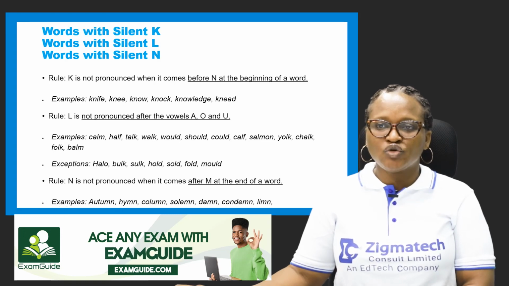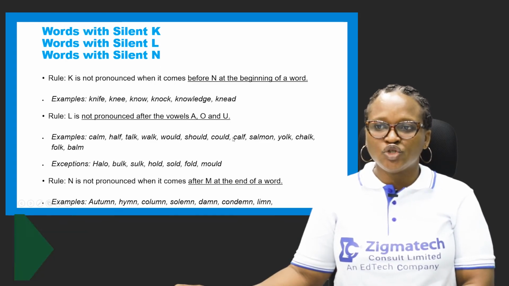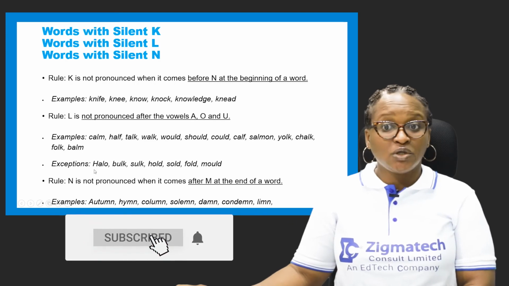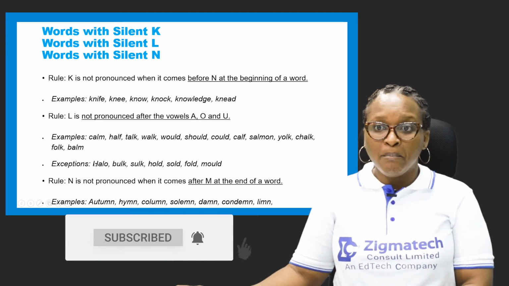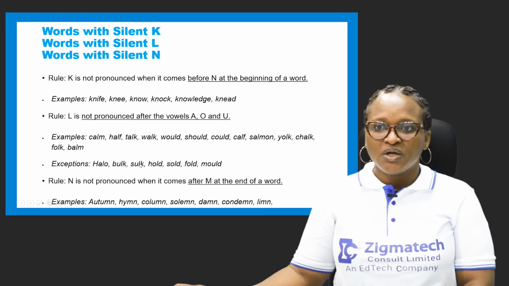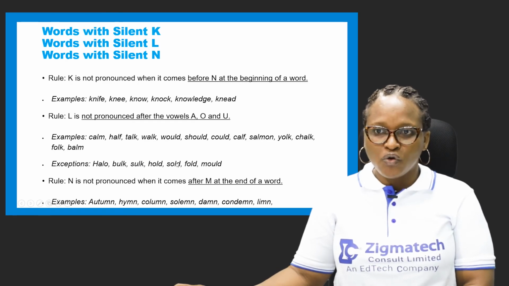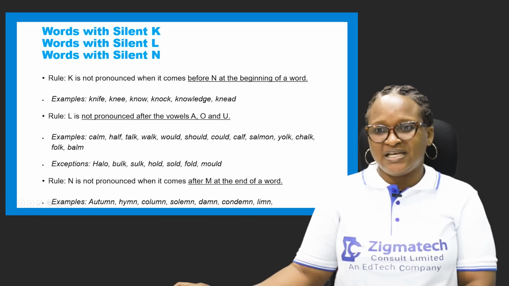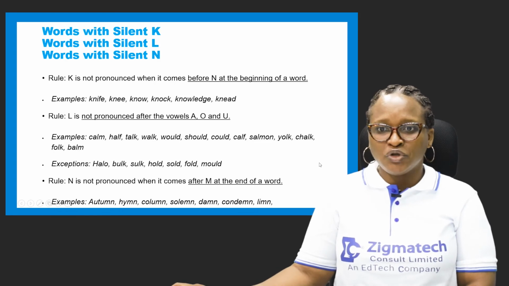Once you have the vowels A, O, and U followed by L, the L is not pronounced. Exceptions are hallow, bulk, sulk, hold, sold, fold, and mold. We must know these.